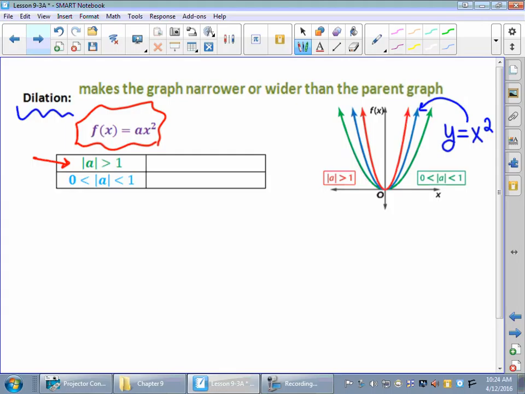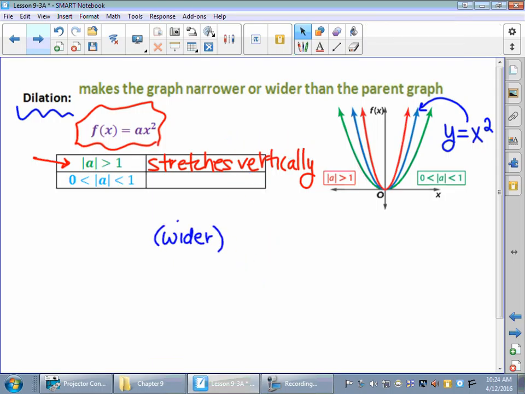So if the absolute value, just the number part, is greater than 1, that means that my parabola stretches vertically. It makes it narrower.